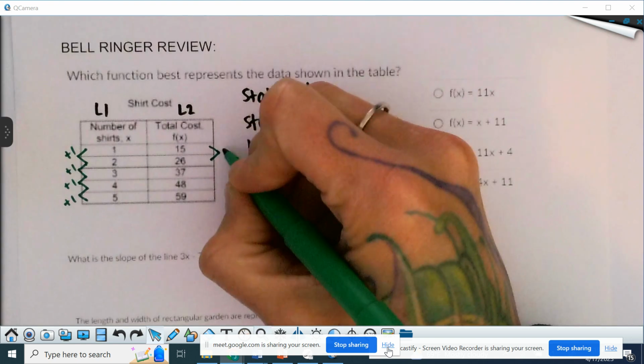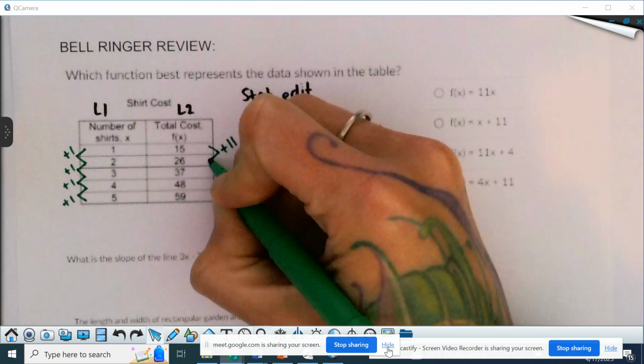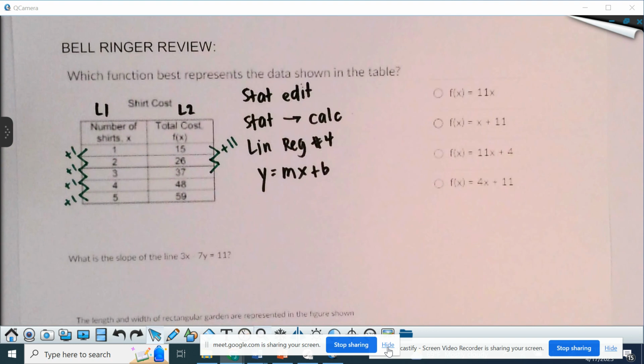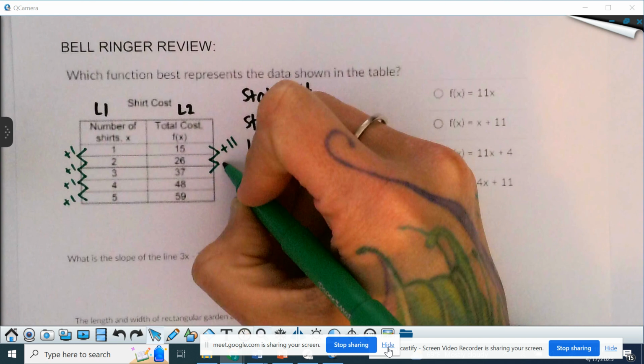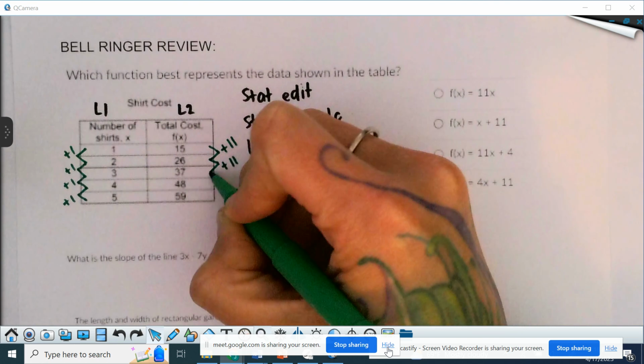And then from 26 to 37, how do we get there? Thank you. And so we added 11, and 37 to 48 was add 11. 48 to 59 is add 11.